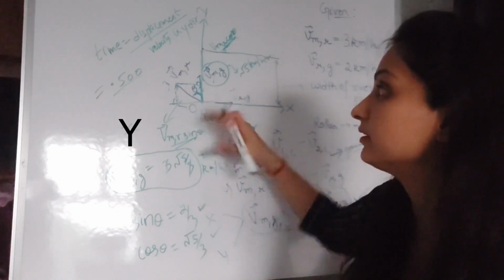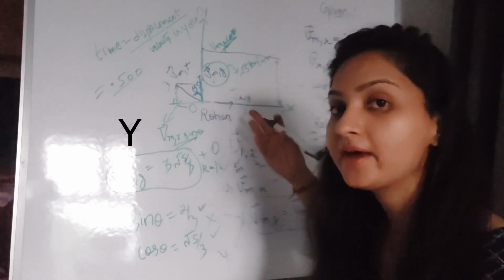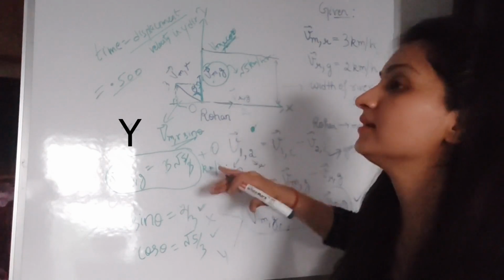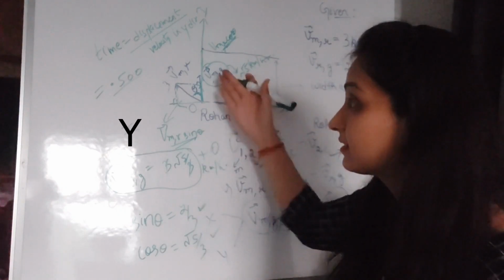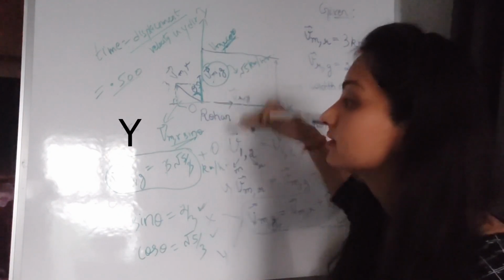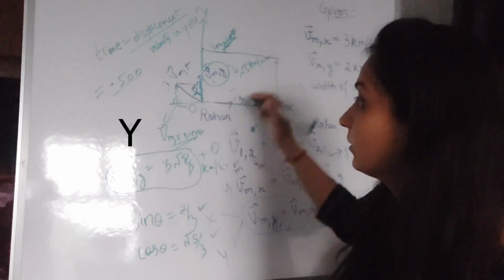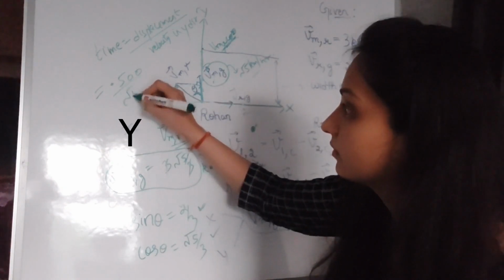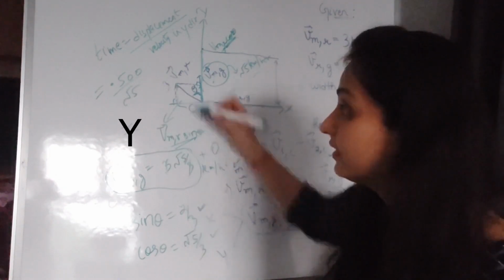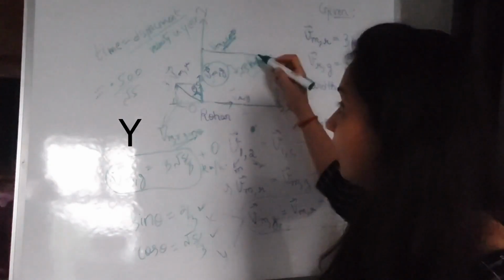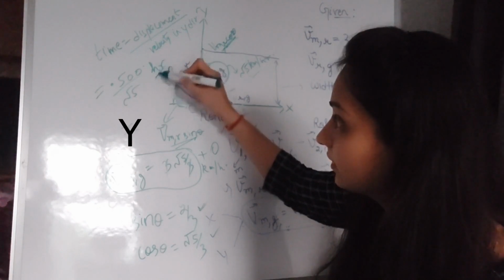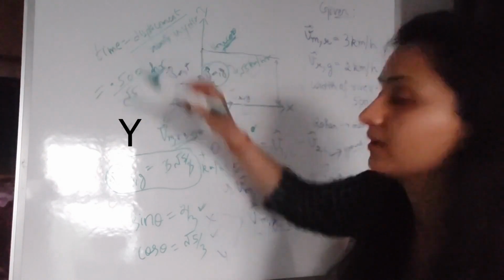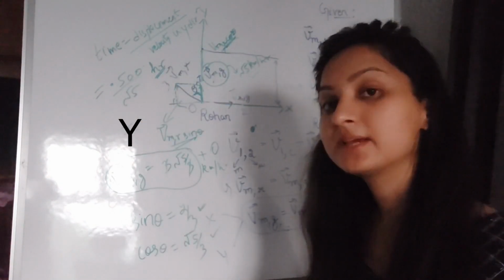So you have to write here the velocity in the y direction as seen from the frame attached to the ground, because this displacement is as seen from the ground. So velocity will be this, root 5. And since the units are kilometers per hour, this is also in kilometers, so the answer will be in hours. This is the time that Rohan will take to cross the river. So this is the time that is required.